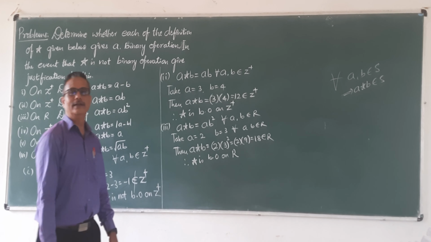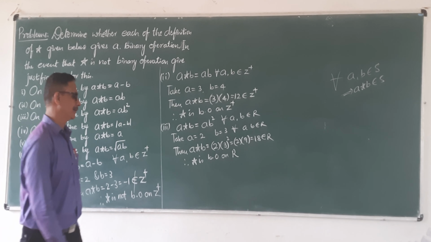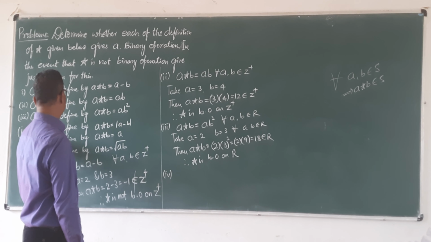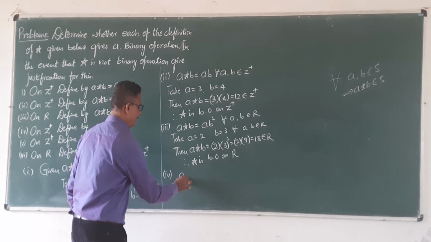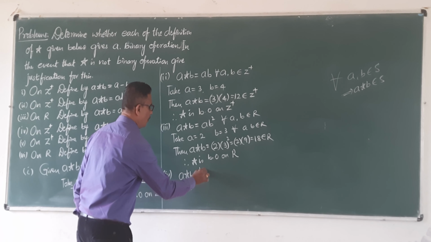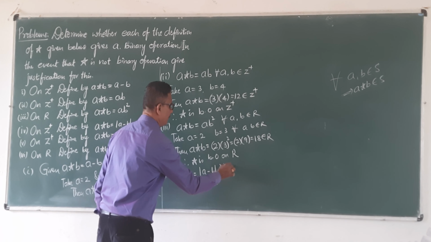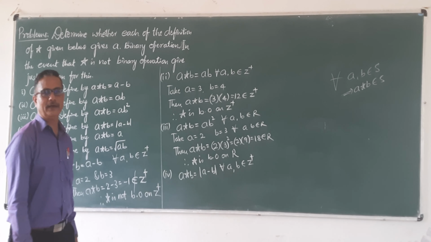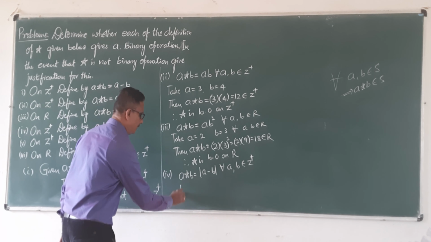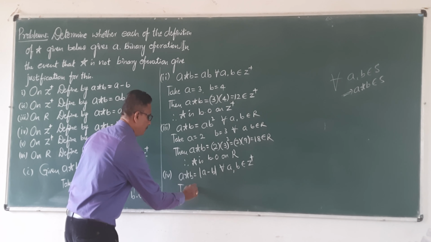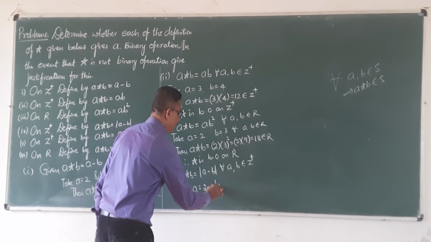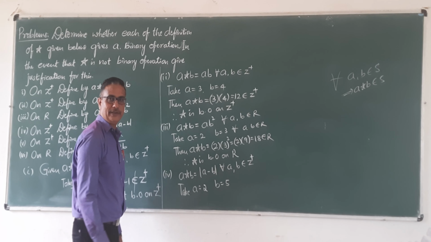One mark. What about the fourth one? Again on the set of positive integers, a star b is equal to modulus of a minus b for all a and b belonging to Z plus. Is it binary or not? Take a value 2 and b value 5, both positive integers.